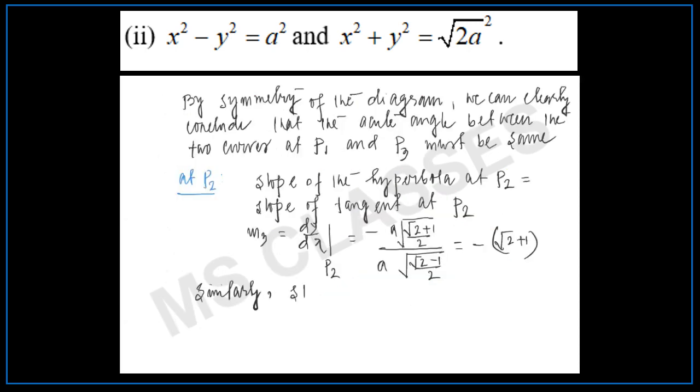So the slope of the circle at P2 equals the slope of the tangent at P2.